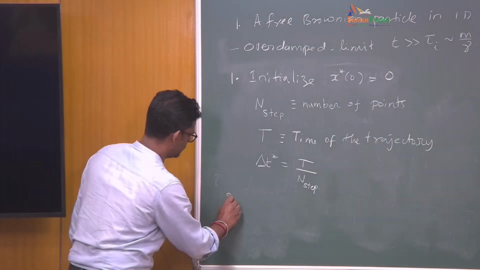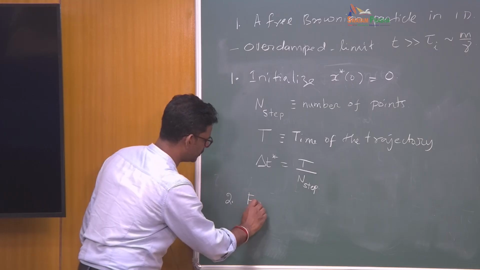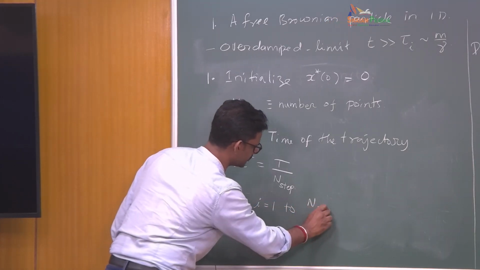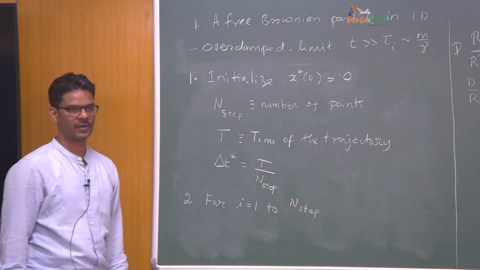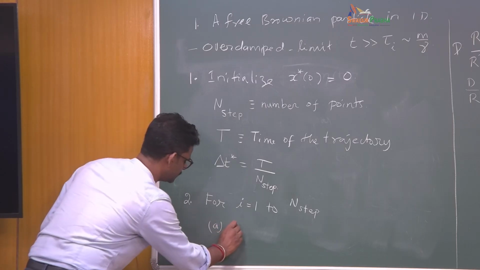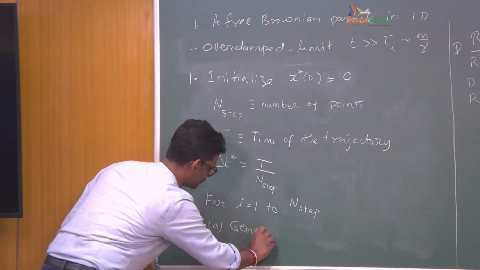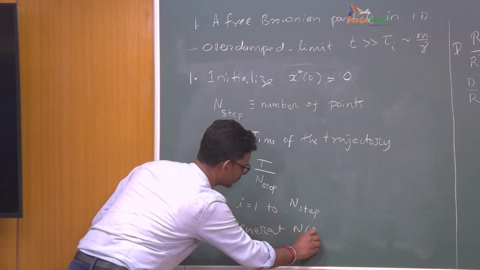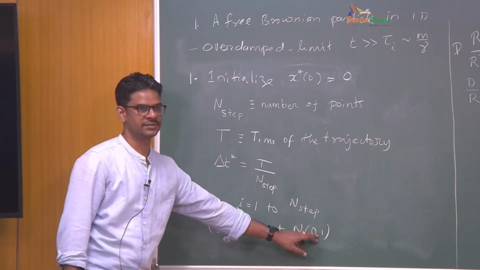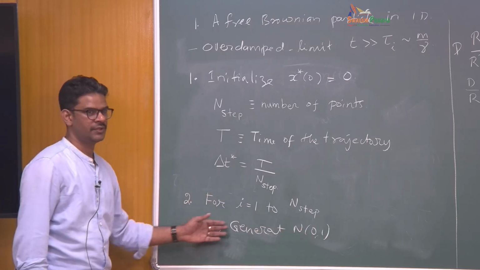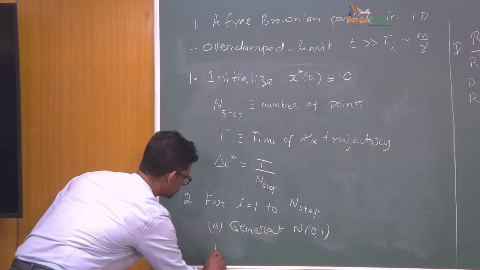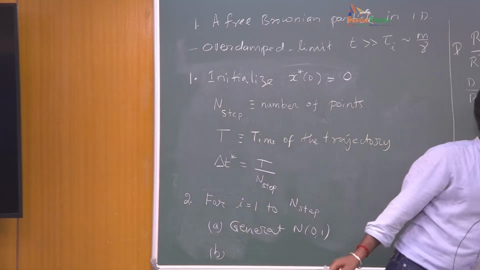Now in the second step, you run a for loop for i equal to 1 to n step. You first generate a normal random variable with 0 mean and unit variance. Inside the for loop you create one of these, and then you update based on this propagation.